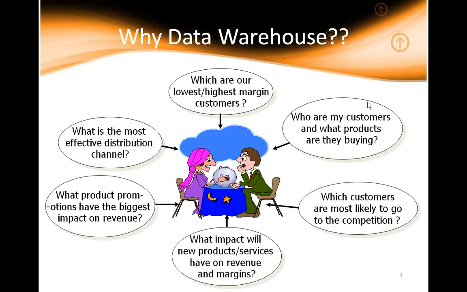If you take the normal transactional database, the data is not summarized. It will be at the individual level. In our data warehouse, we can have the data summarized to a particular level.